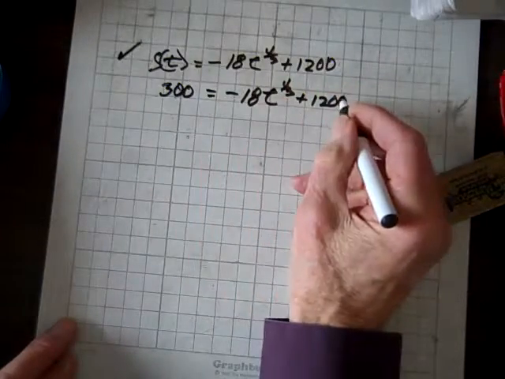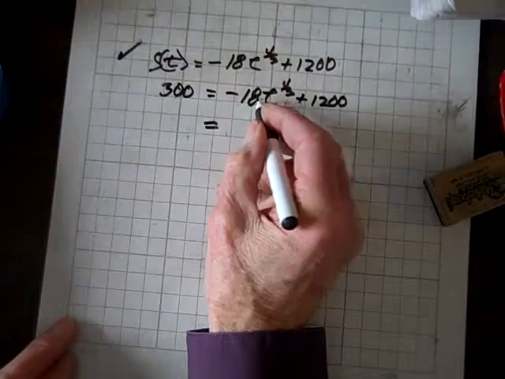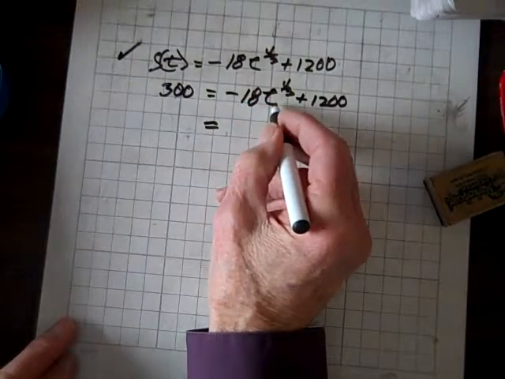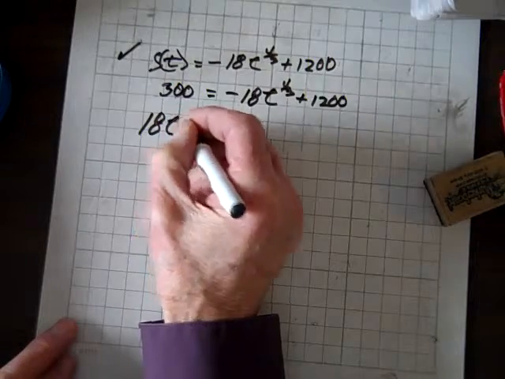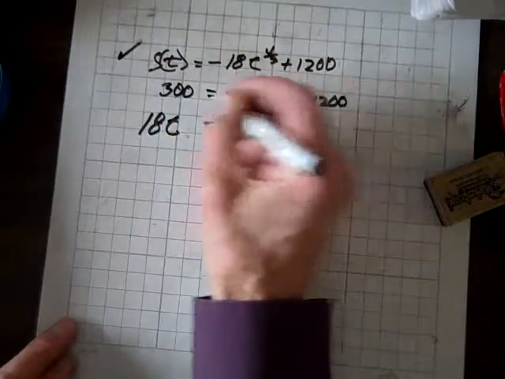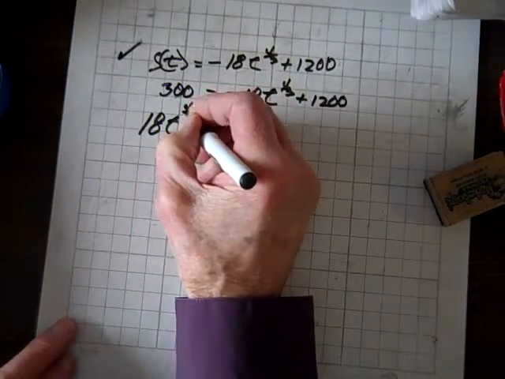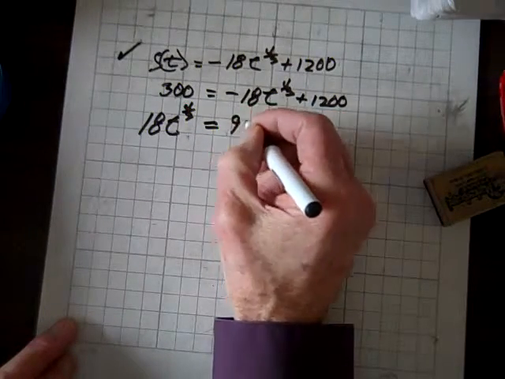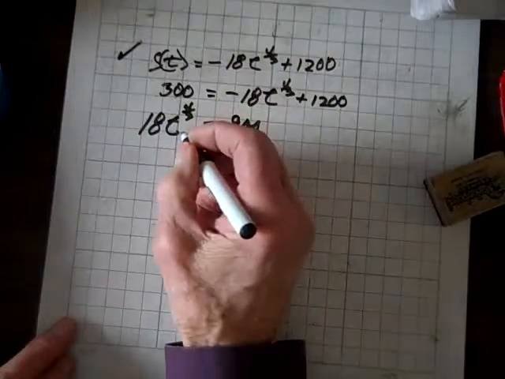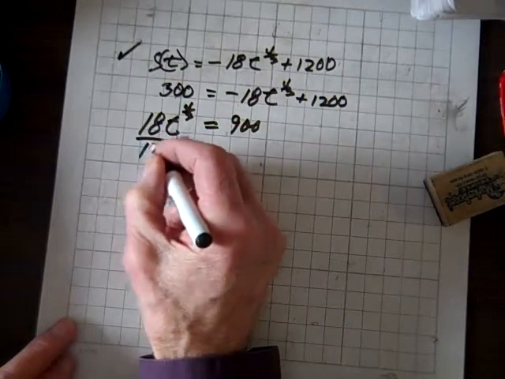Well, I'll subtract 300 from both sides, and we'll add this term to both sides. So we have 18 t to the 4/3 equals, and subtracting 300 from 1200, we get 900. Now let's divide both sides by 18.